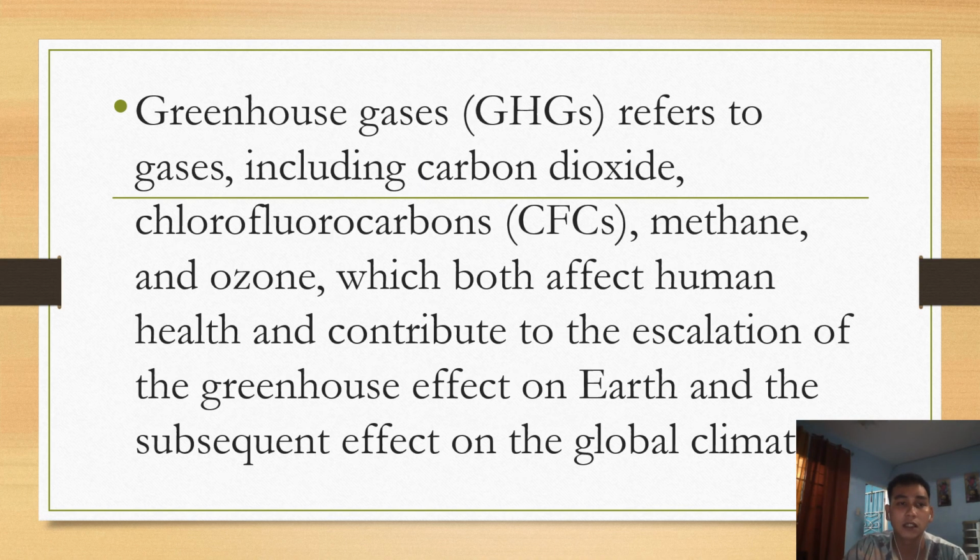Next are greenhouse gases, which refers to gases including carbon dioxide, chlorofluorocarbons, methane, and ozone, which both affect human health and contribute to the escalation of the greenhouse effect on Earth and the subsequent effect on the global climate.